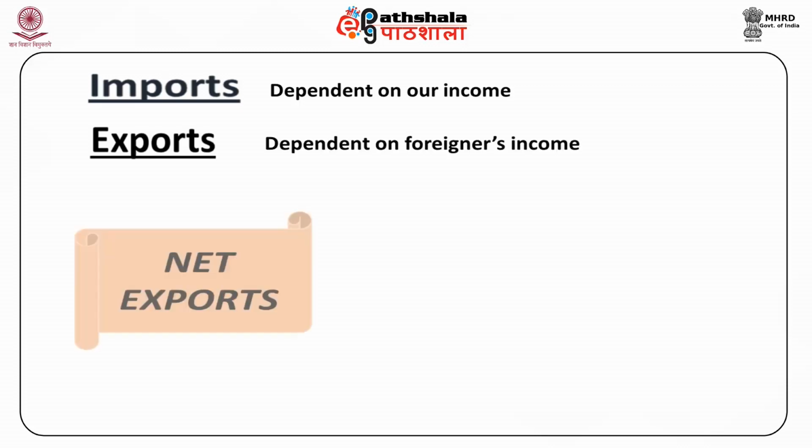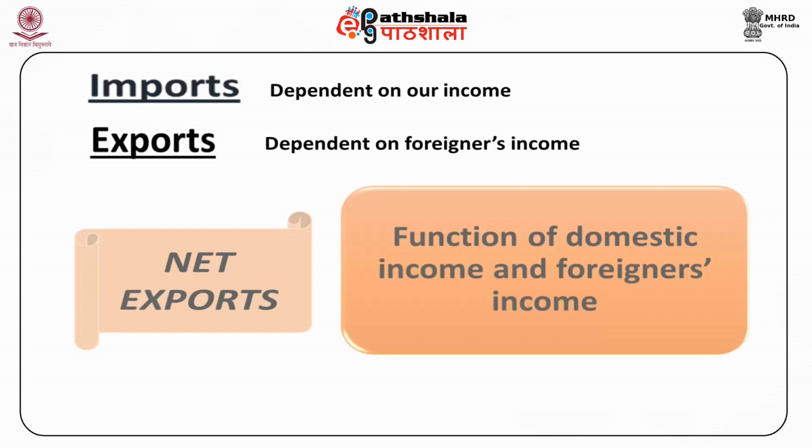So, net exports will be a function of domestic income and foreigners' income. For the time being, we assume that net exports are autonomous or independent of domestic income and denoted by NX bar. The next module will establish equilibrium condition in different models by relaxing several of these assumptions.